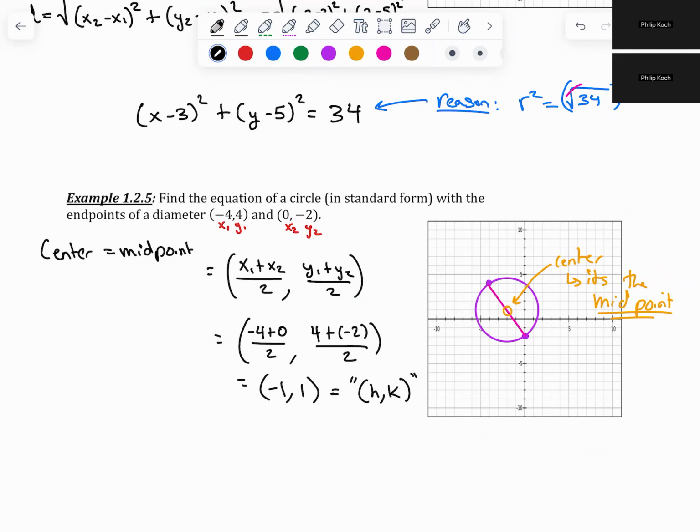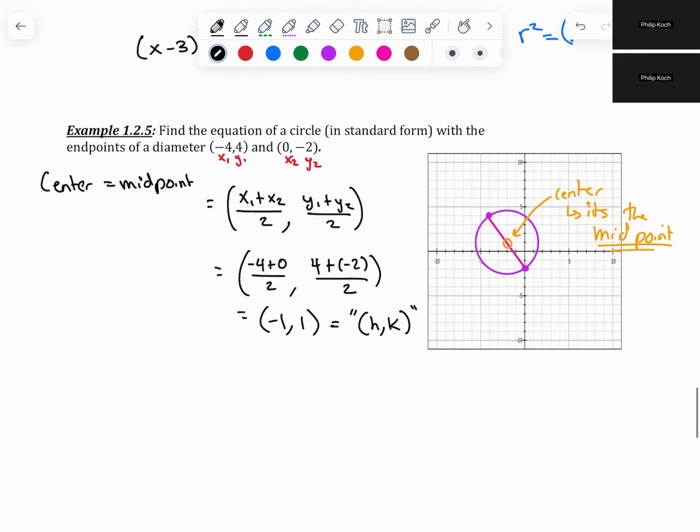It doesn't matter which one you choose, they're going to give you the same answer, I guarantee it. So since radius equals diameter divided by 2, we'll calculate the distance of the diameter and divide by 2.